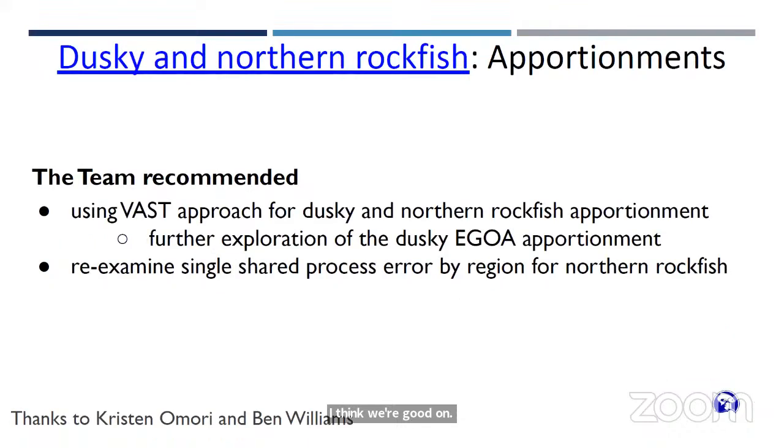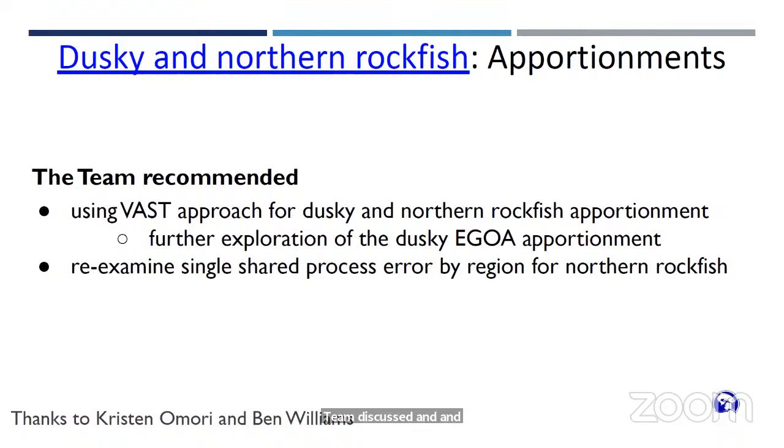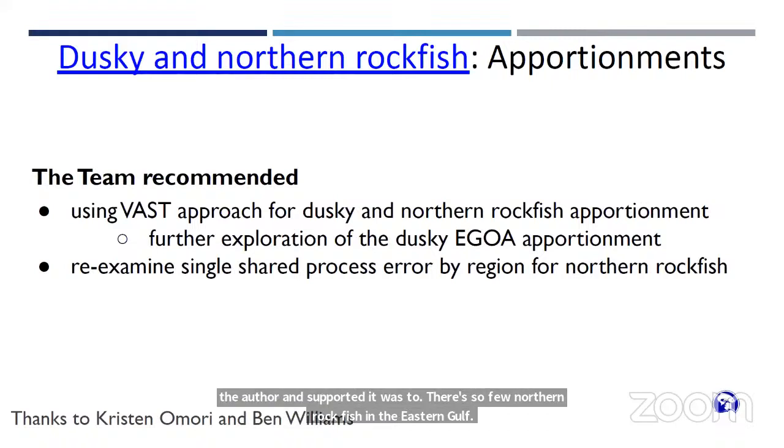Thanks, slide advancer, whoever you are. Dusky and Northerns, we broke this out into apportionments because they were kind of team discussed, and they used the VAST approach for this in a new way. And that seemed to be very useful. And here we talk about EGOA, Eastern Gulf, but the author supported it, since there's so few northern rockfish in the Eastern Gulf, and the survey data are so variable there.